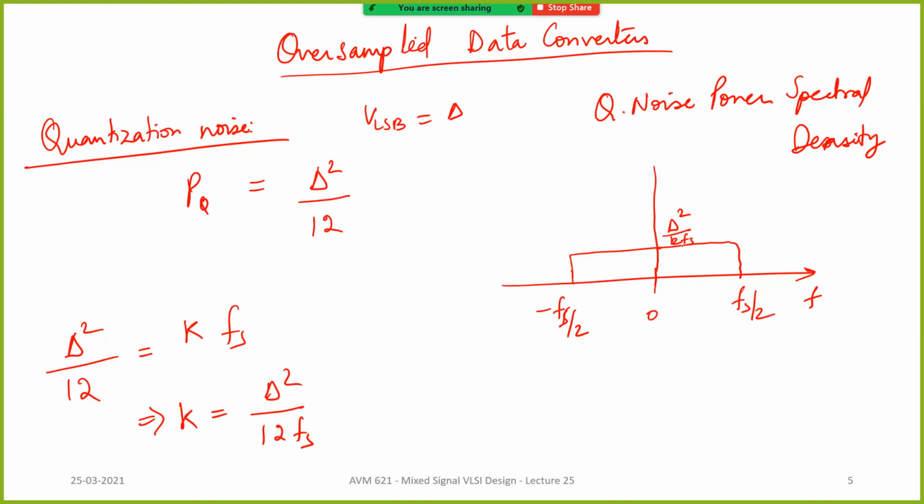Now let me give you another scenario. I am using the same quantizer. But now I am using Fs1, which is, let's say, some m times Fs. Same input, same quantizer.